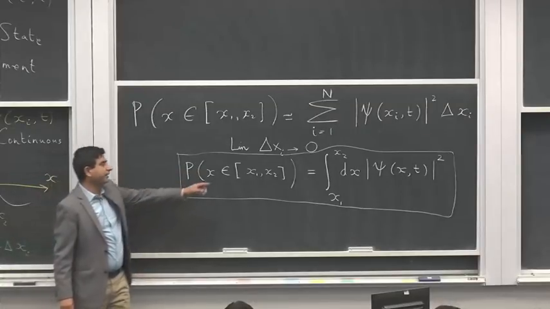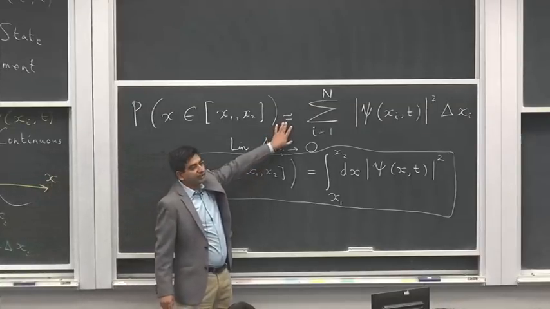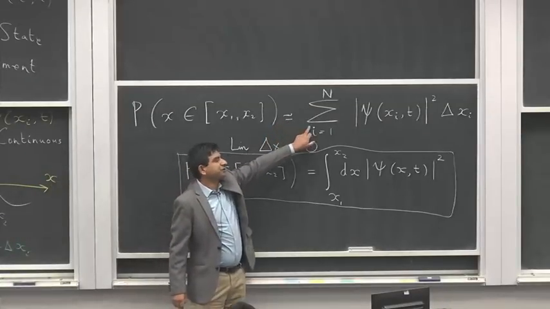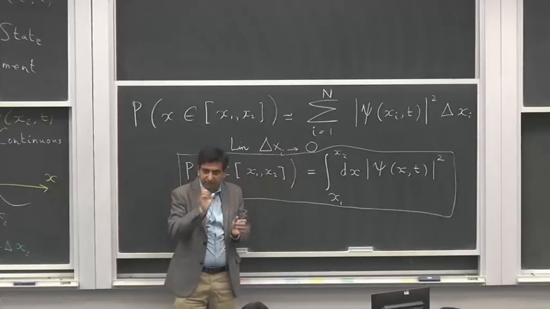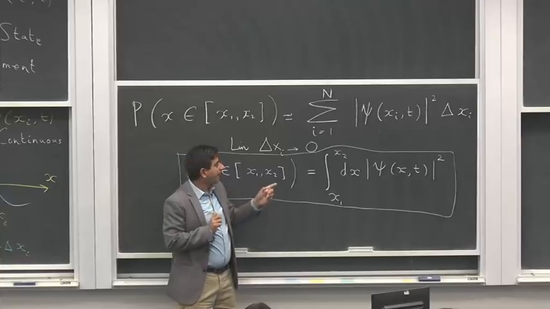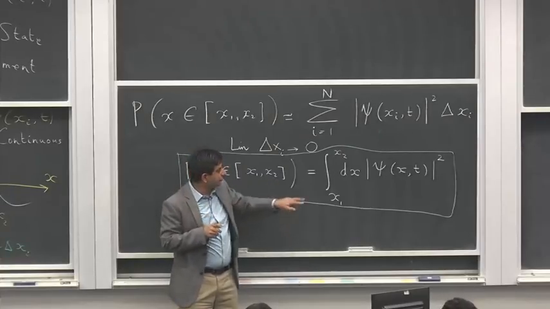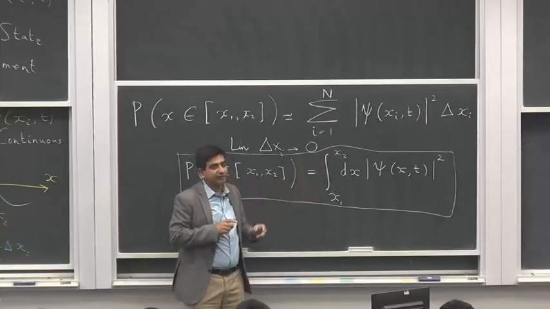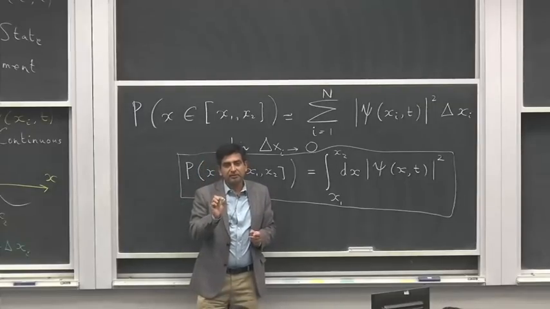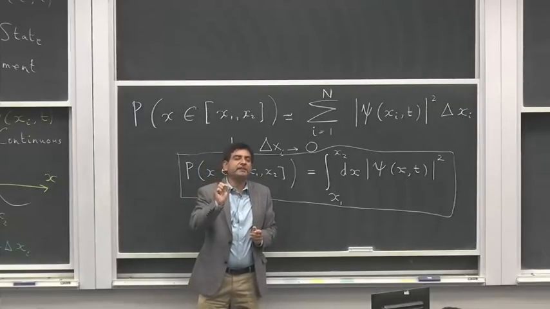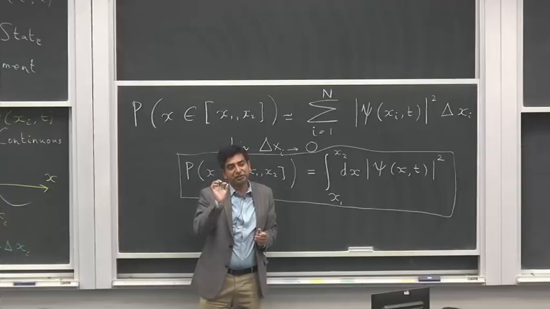So what I've done here, I have converted an approximation which involves summation over finite intervals to an exactitude which involves an integral over infinitesimal intervals. Infinitesimal means exceedingly small, vanishingly small.